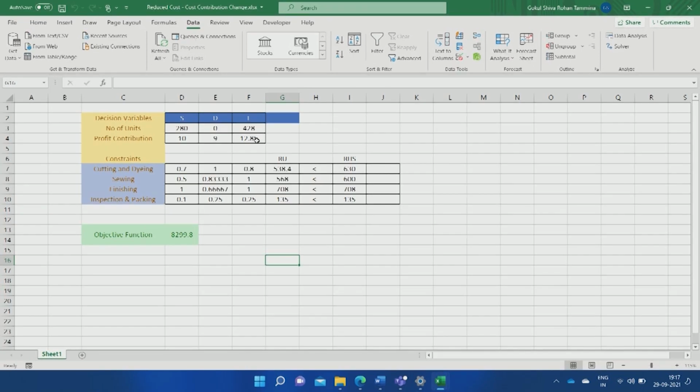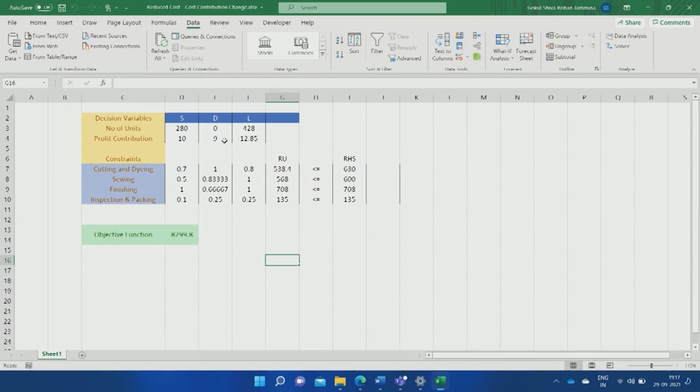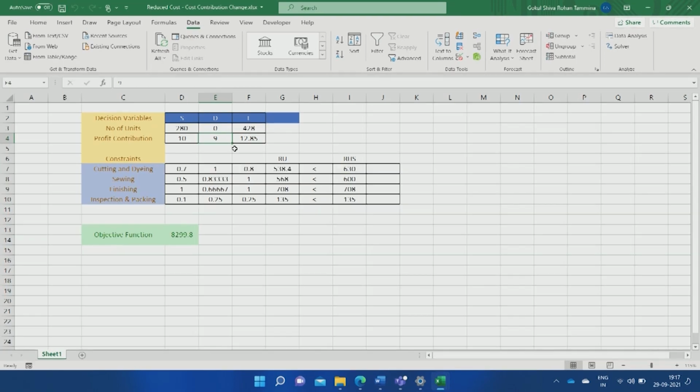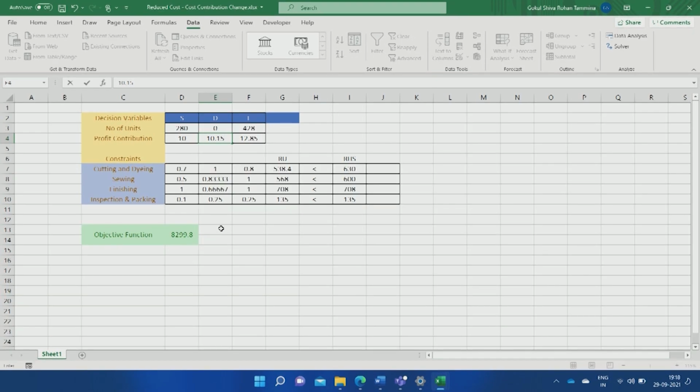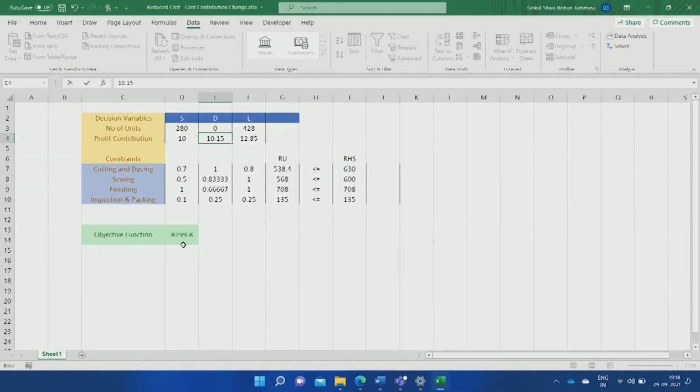Now what are we going to do? We are going to add that much reduced cost value. So 9 plus 1.15 will be 10.15. Again I am going to solve it. Before I solve, remember that when the coefficient of the deluxe bag was 9, our objective function was 8299, approximately 8300.